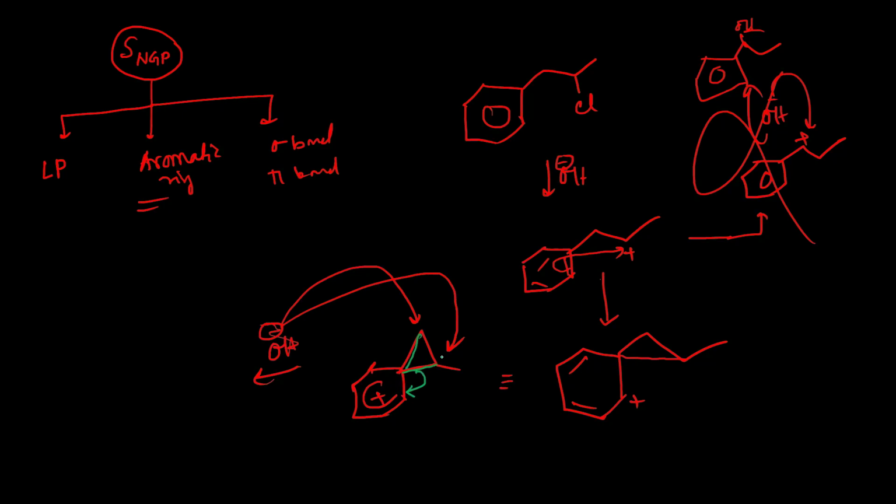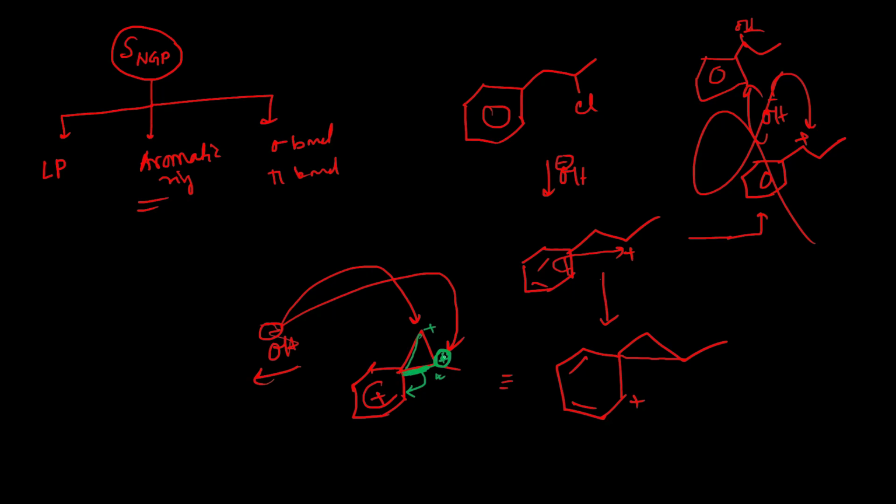If this bond breaks, then the carbocation will be here. But if this bond breaks, the carbocation will be here. This carbocation is more stable because if this breaks, it is a 2-degree carbocation. If this other bond breaks, there is a 1-degree carbocation, right? So if this bond breaks, the more stable carbocation is formed, so this bond will break.